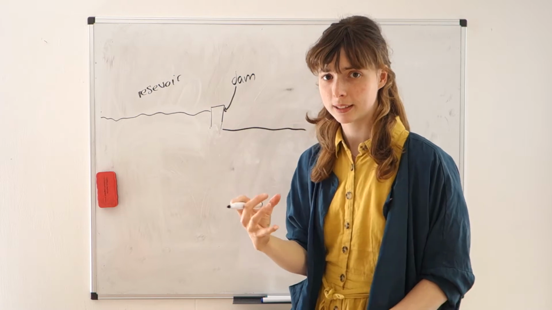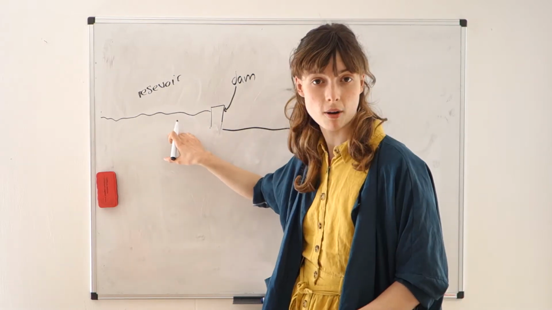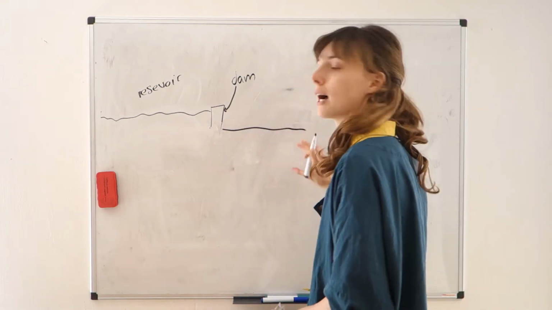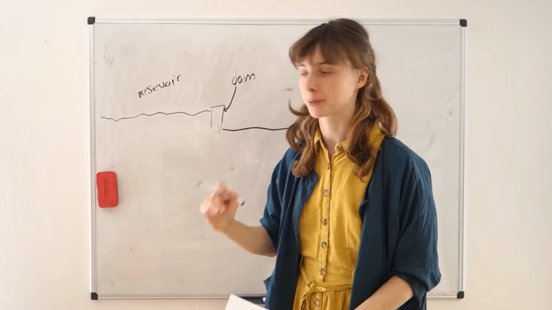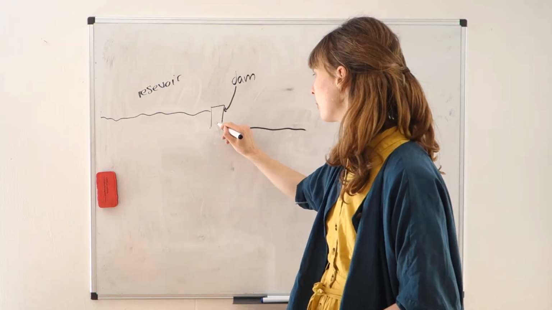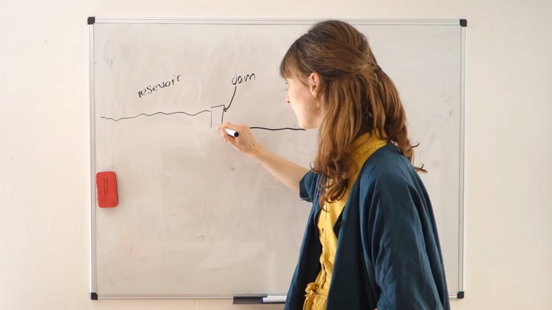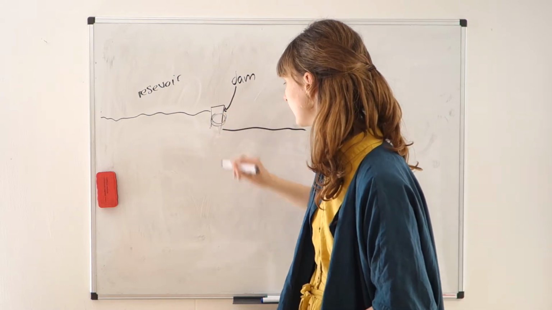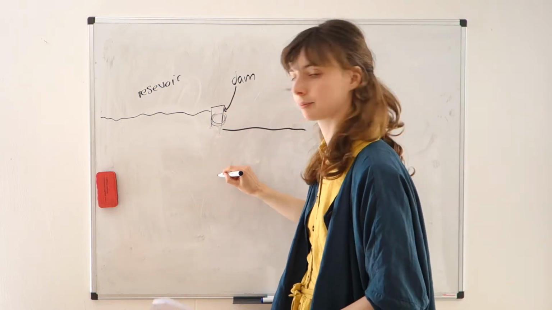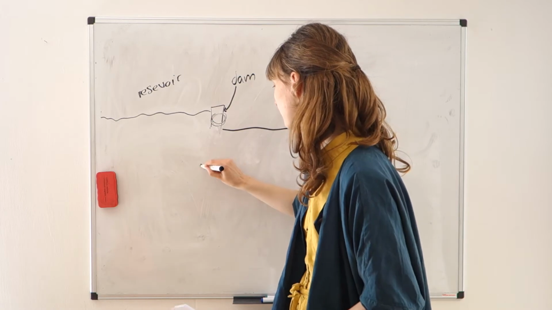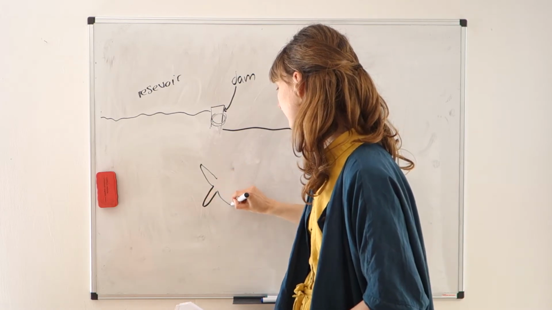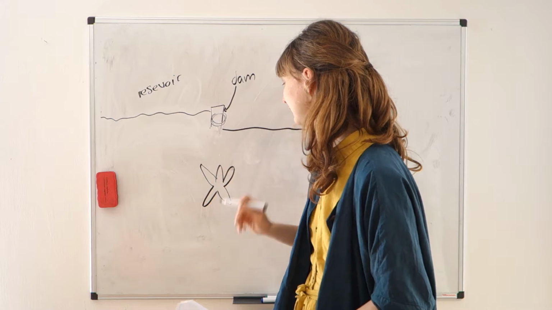What we do is we let the water from the reservoir through the dam in a slow, controlled way. But inside the dam, there is a turbine. Okay, a big propeller. Here's my impression of a propeller.